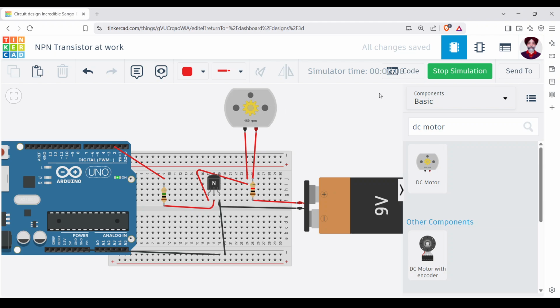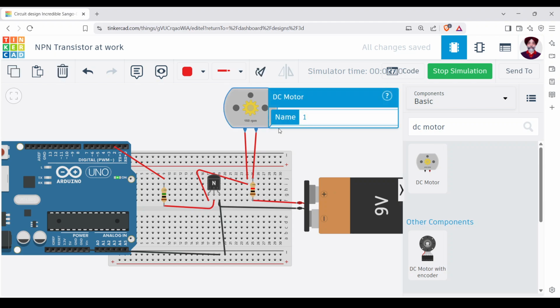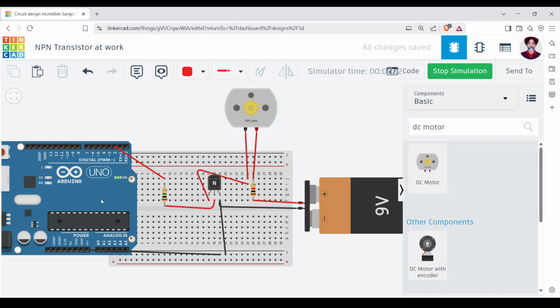So the motor is turned on and off by Arduino. But Arduino is not giving current or voltage directly to the motor. It is basically controlling the collector emitter electricity.